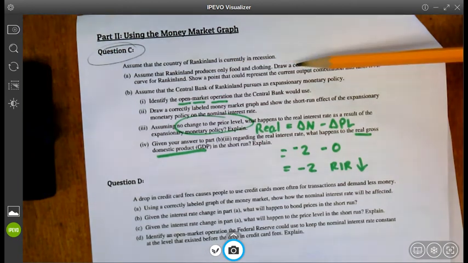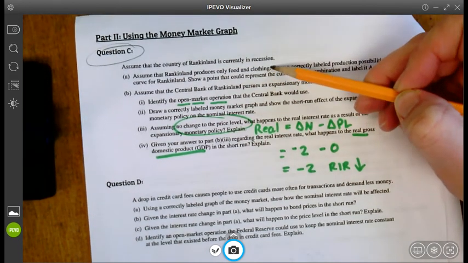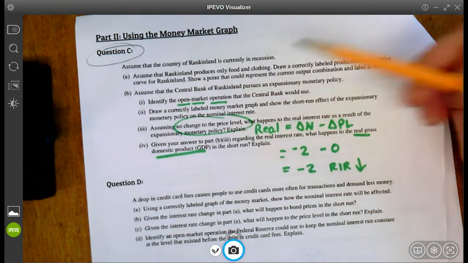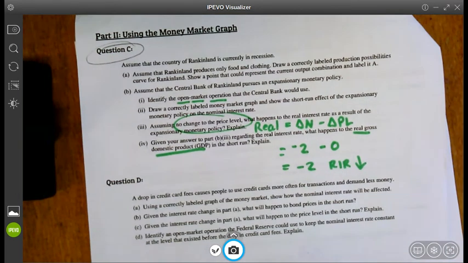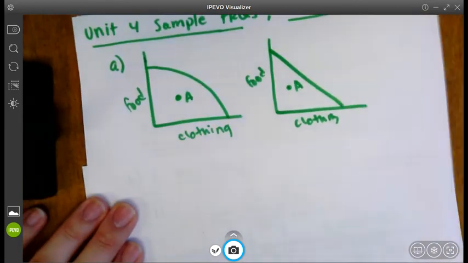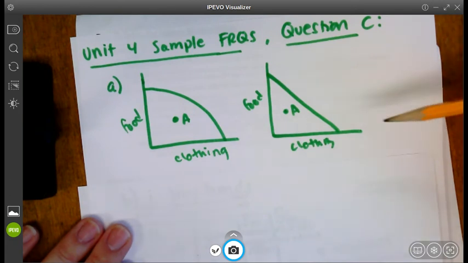You have to draw this on a production possibilities curve, assuming that Rankin Land only makes food and clothing. And we have to show their current output combination and label it A. So first of all, this is a great trip down memory lane. For this, you don't have any information to support whether or not the resources in Rankin Land are perfectly interchangeable or not.